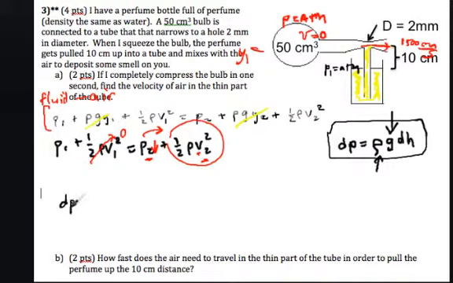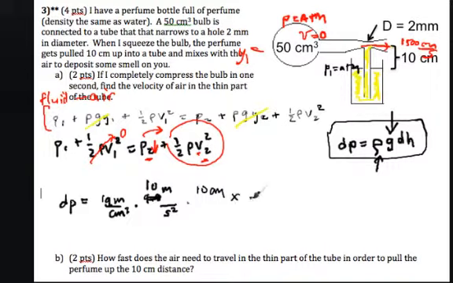And then what is this delta P? Well, delta P must equal the density, which we're going to call 1 gram per centimeter cubed, times gravity, let's call it 10 meters per second squared, times the change in height, 10 centimeters. So we need to keep these units together. Now we've got a mixture of units.